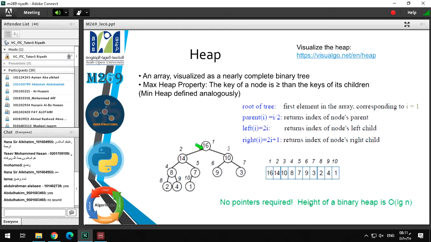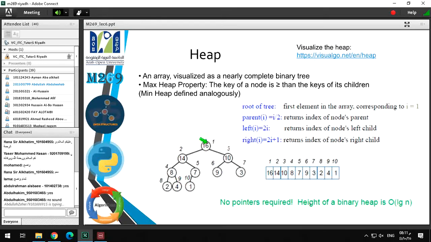As you can see here, for example, this root 16, the children are 14 and 10. So 16 is bigger than both 14 and 10. 14 is parent for 8 and 7, and it is bigger than them. 10 is bigger than 9 and 3. 8 is bigger than 2 and 4, and 7 is bigger than 1. And that is the max heap property. Okay?